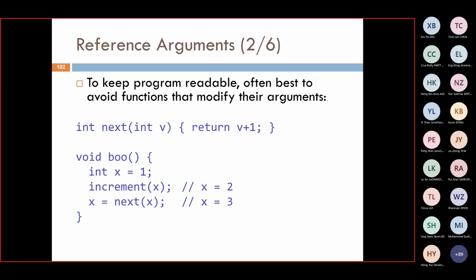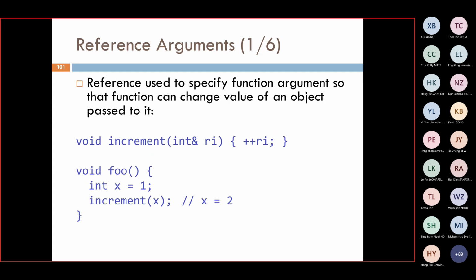Remember NRVO kicks in. So small means smaller than the size of a reference, which is 8 bytes, right? No, I think around anything less than 16 bytes, and you should even profile it for 32 bytes. So for example, a 3D point, right? If you have X, Y, Z coordinates and each requires 4 bytes, maybe there's nothing gained by doing any reference stuff. Just pass it by value.